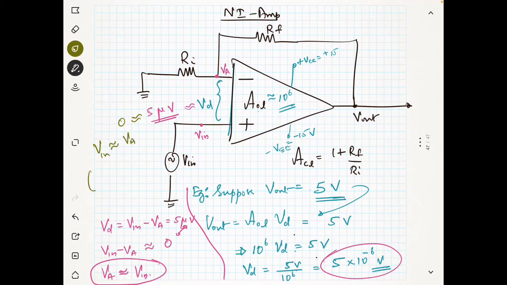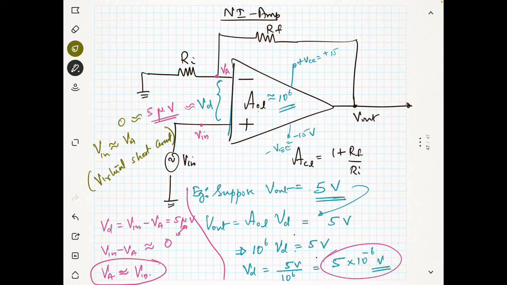That means they behave like a short circuit, but it is not an actual short circuit. It is because of the overall property of the amplifier or the circuit. So it is known as virtual short.